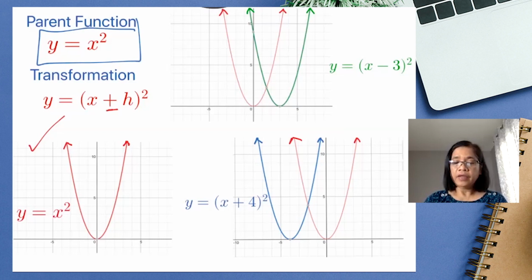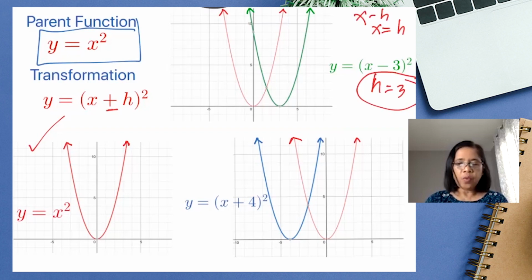So when h here is 3. If you solve for x here, h becomes 3, and that's the value of h. When you're looking at x minus h, you solve for h, you have x is equal to h. That's why h here is equal to 3. So look at the red graph. The red graph is y is equal to x squared.